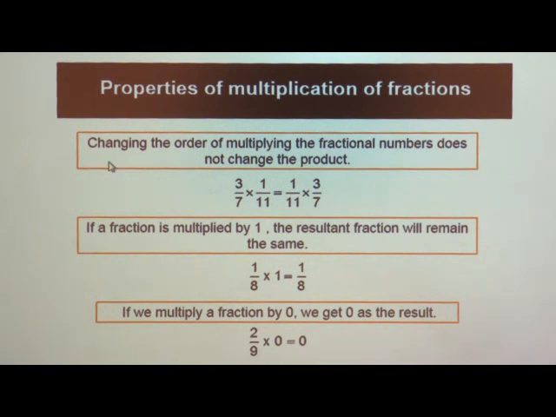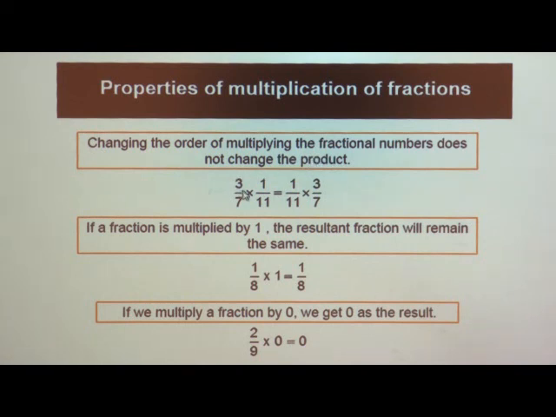A simple example: if you know that 3 multiplied by 7 is 21, you can say 7 multiplied by 3 is also 21. 21 is nothing but the product. So after changing the order in a multiplication, the product does not change.